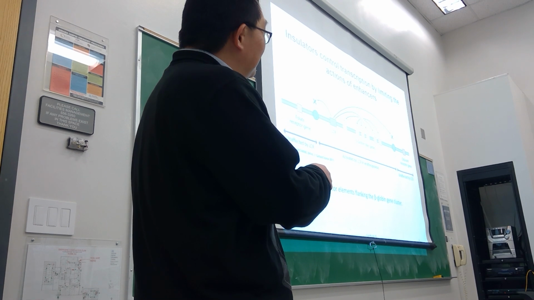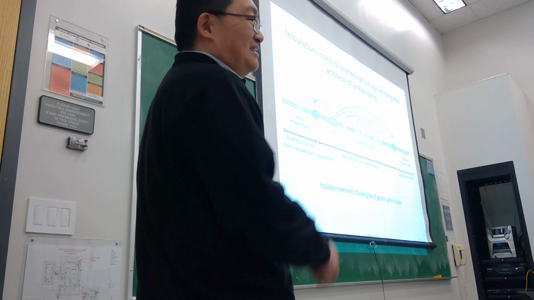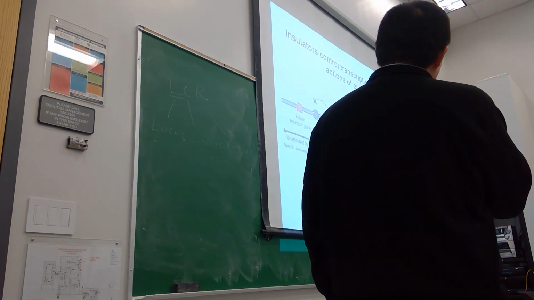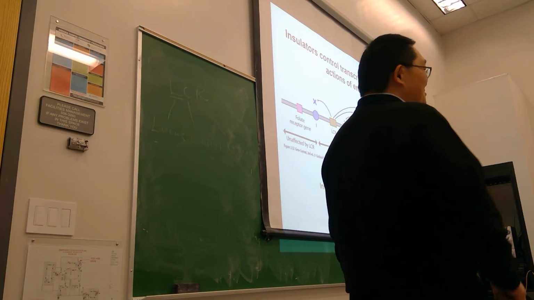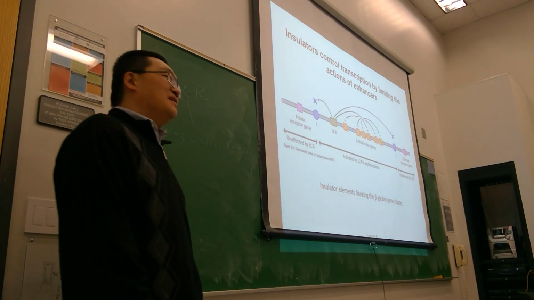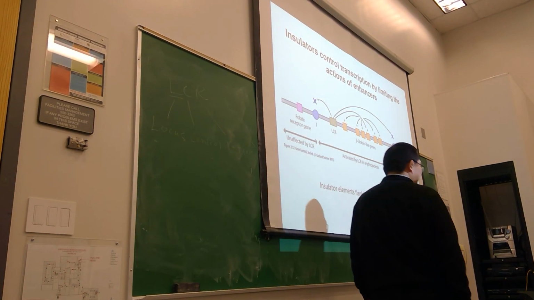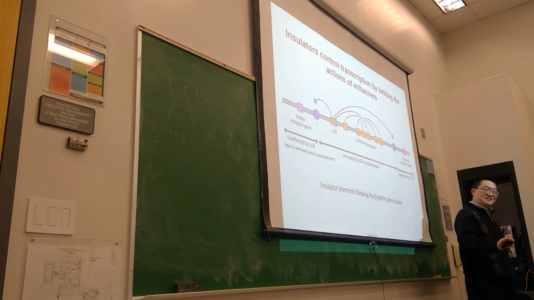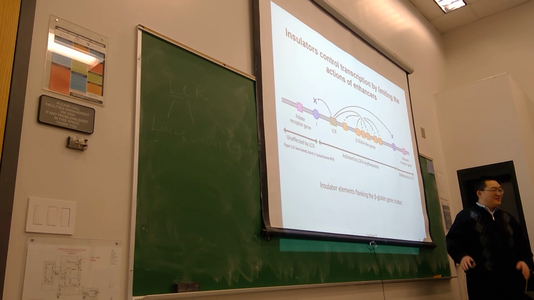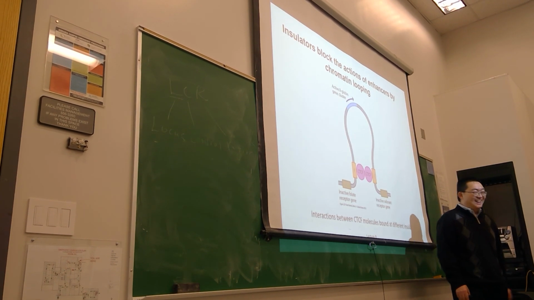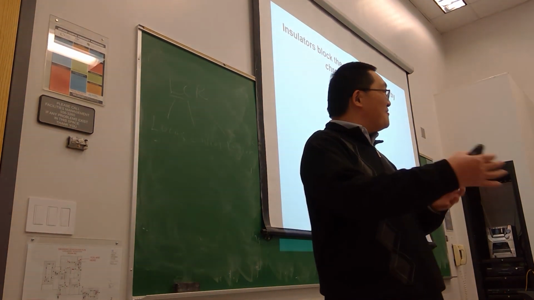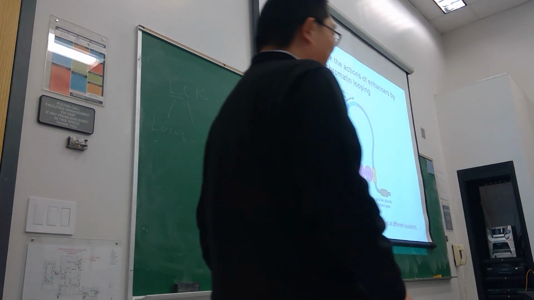That is by the insulator. So basically, the insulator can control which region is transcribed. How does it do that? That's why the first paper is so difficult, because they will answer so many questions. That's what we talk about here, because they look at the structure, right? Makes sense?